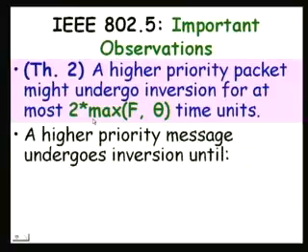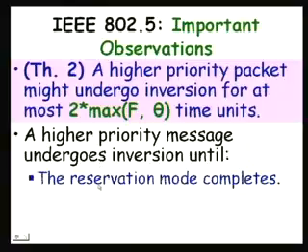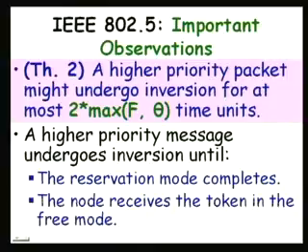So, the reason is that a higher priority message will undergo inversion until the reservation mode completes, and for the reservation mode to complete, it will take max f comma theta, and also the node receives the token in the free mode. So, the token needs to be transmitted, and in the worst case it can be just away from the node, and it will take max f comma theta.